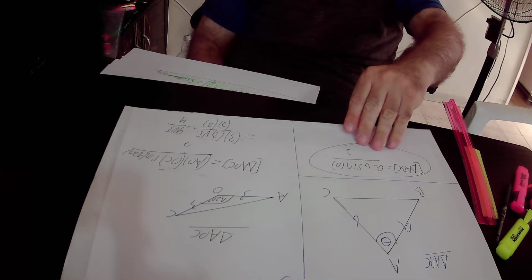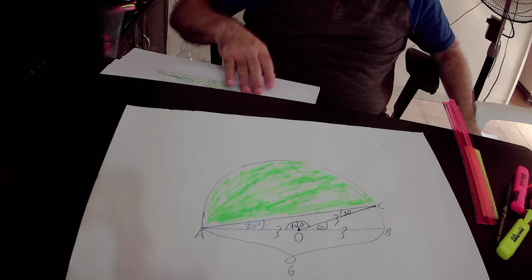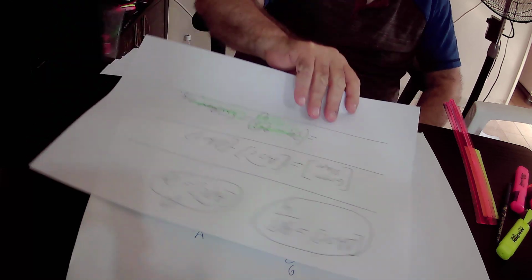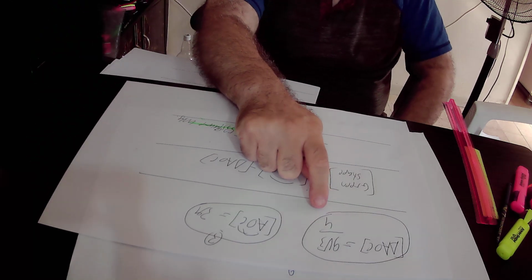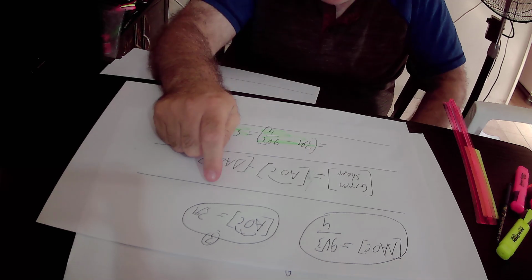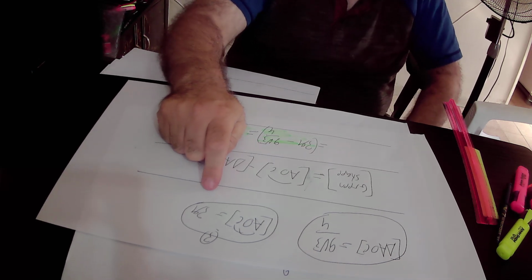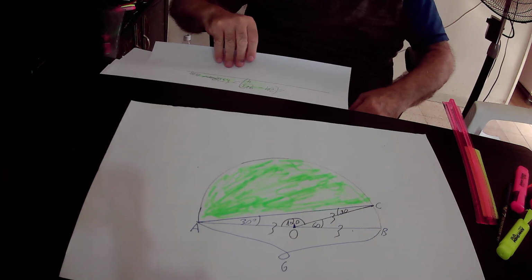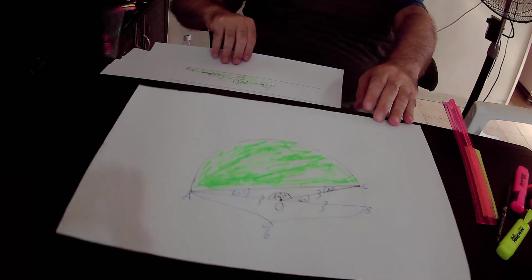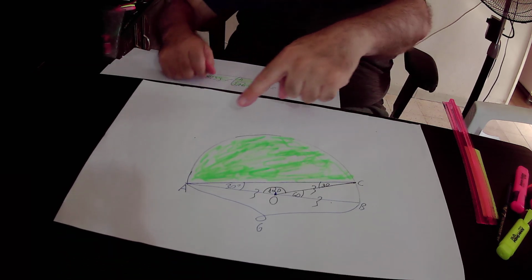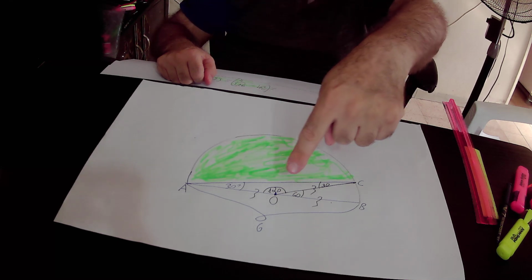So in conclusion, we found that the area of triangle AOC equals 9 times square root of 3 over 4 square units. And we have already found that the area of sector AOC equals 3 pi square units. But what is actually the area of the green shape? The area of the green shape equals the area of sector AOC minus the area of triangle AOC.